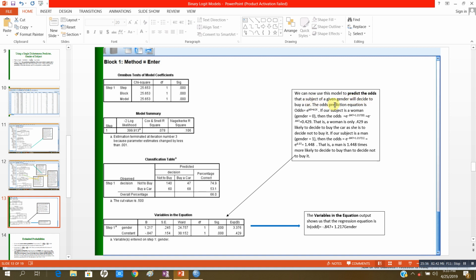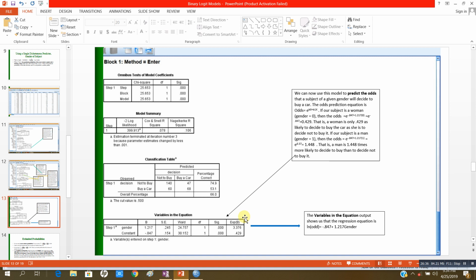If our subject is a woman, that is, the gender is equal to 0, then the odds are equal to e raised to the power minus 0.847 plus 1.217, and since the subject is a woman, we multiply the coefficient of the gender by 0. That will be equal to e raised to the power minus 0.847, and its value is equal to 0.429.